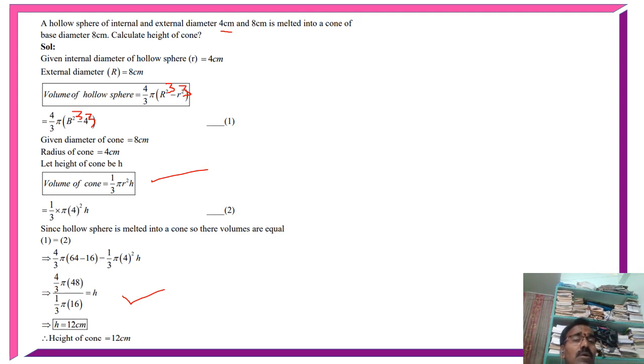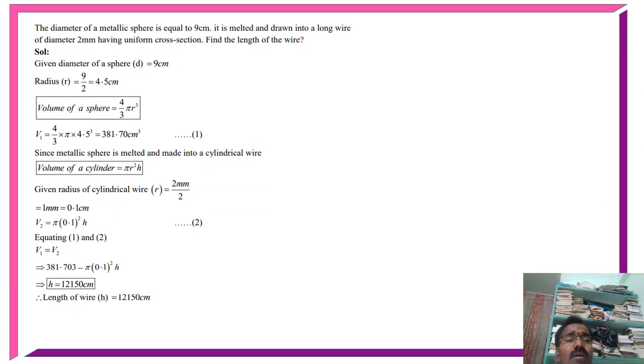This is 2 and this is 4 square, and after substituting these values we got 4 by 3 pi 48 equals 1 by 3 pi 16. So 3 pi cancel, 3 cancel. After simplification we got height equal to 12 centimeters.